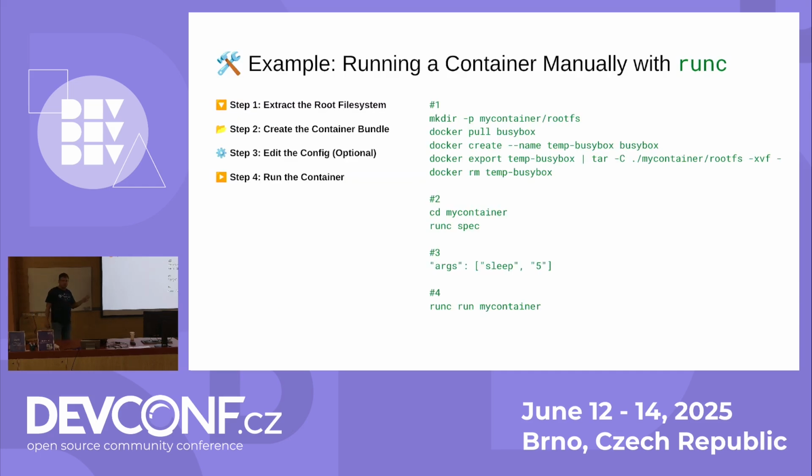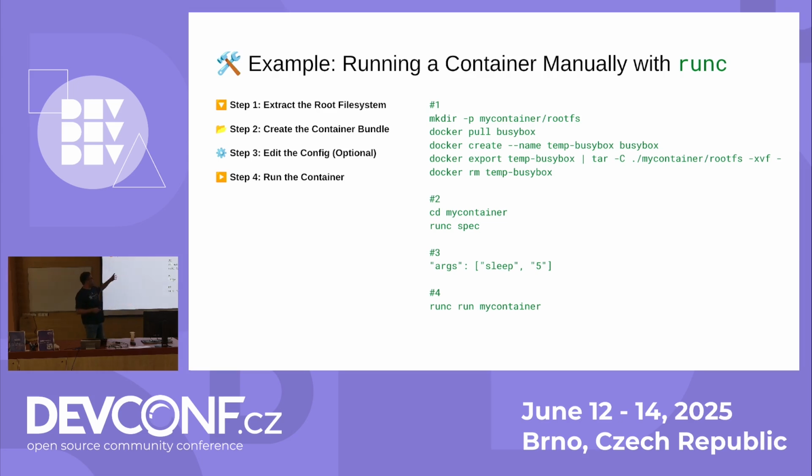So I brought you an example of runc. Runc is one implementation of a container runtime. And as you can see, runc as a container runtime, you need to provide it with the rootfs already, and you need to provide it with the spec.